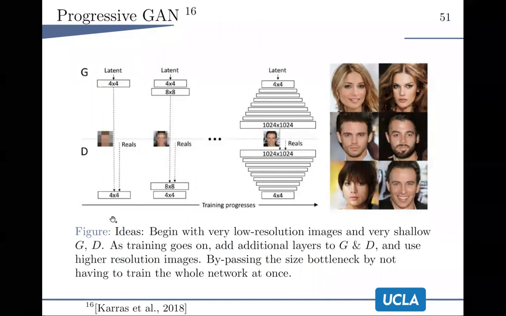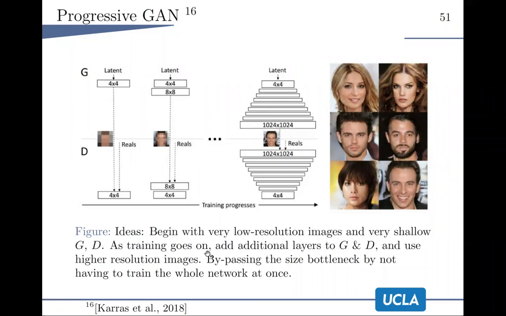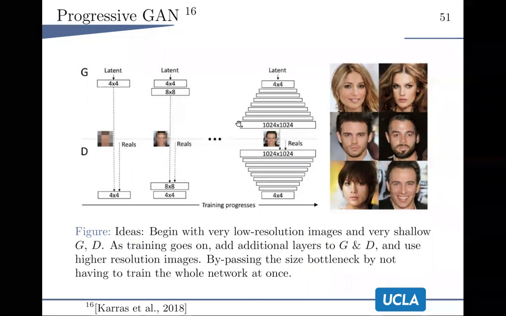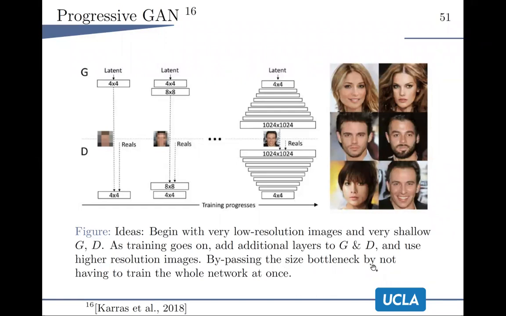And when it's well trained, we then add more layers and train the new layers, making the images into a higher resolution, and then again and again. It's this kind of training pipeline.